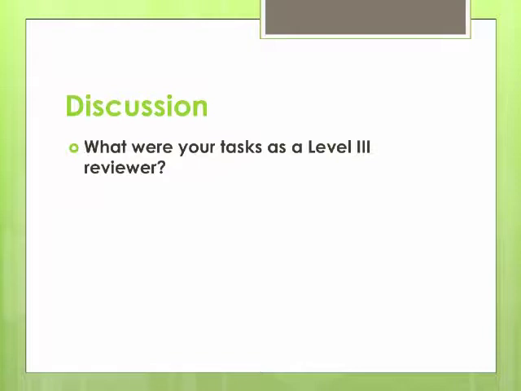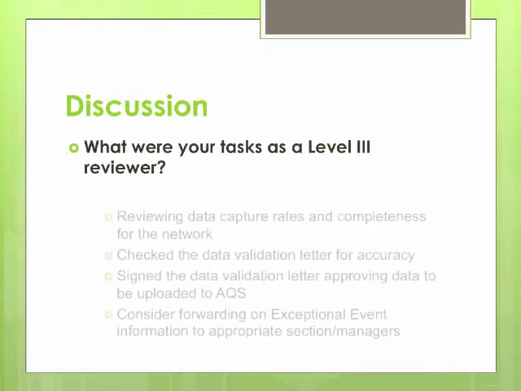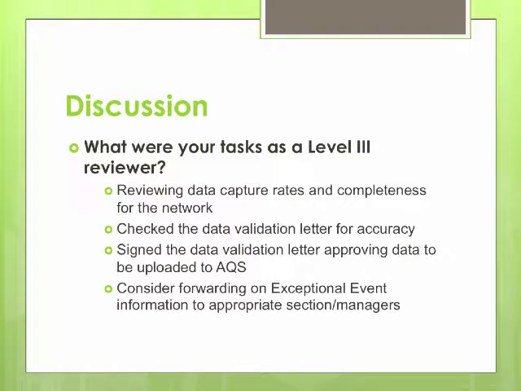Finding all the gross errors you seeded in the handouts. Okay, so you're reviewing the data capture rates. You're checking the validation letter for accuracy, and let's say it was all correct. You all signed it on the dotted line, right?